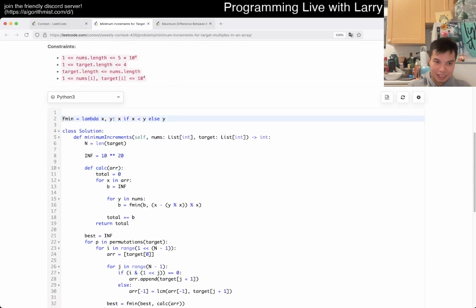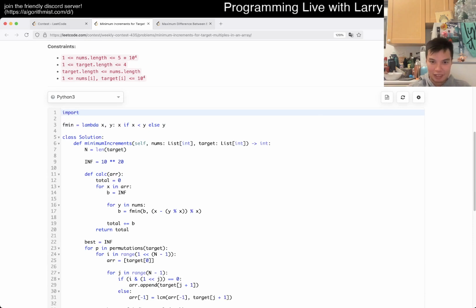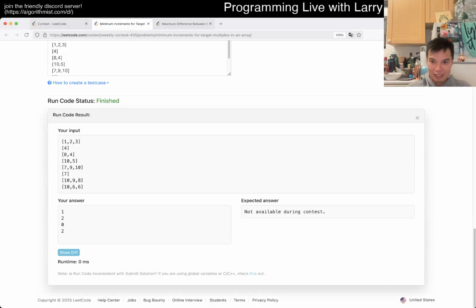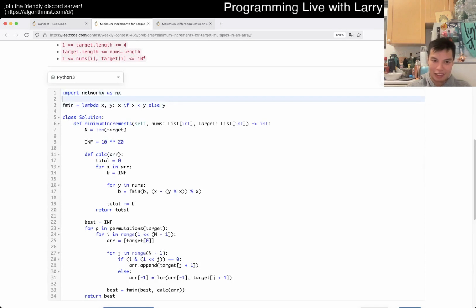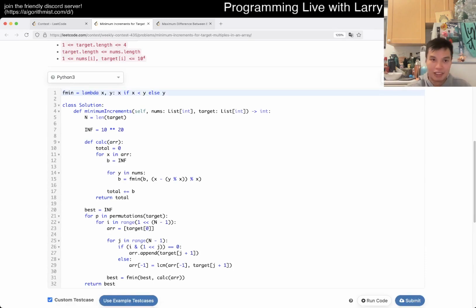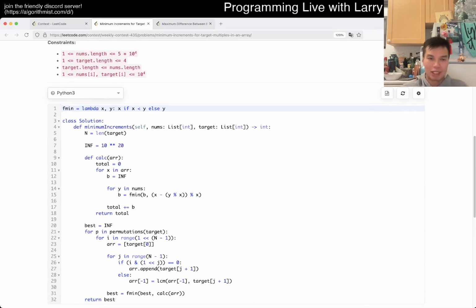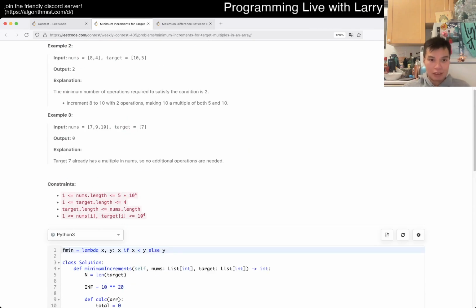Can I do this? Let's see if they have it. I actually don't know if that's a library that LeetCode has. Okay, so I can't use it anyway. That's good. Or maybe that's good. I don't know. But also, I should be able to solve this without it. But I'm just not having a good day.